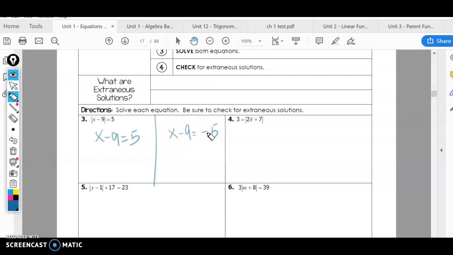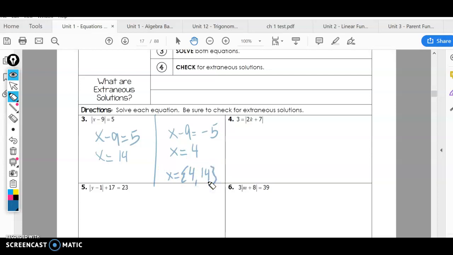We do the opposite of that one number next to the equal sign. Next, we'll solve our equation. Here on the left, we get x to be 14, and here on the right, we get x to be 4. So we have two answers, x equals 4, comma 14.